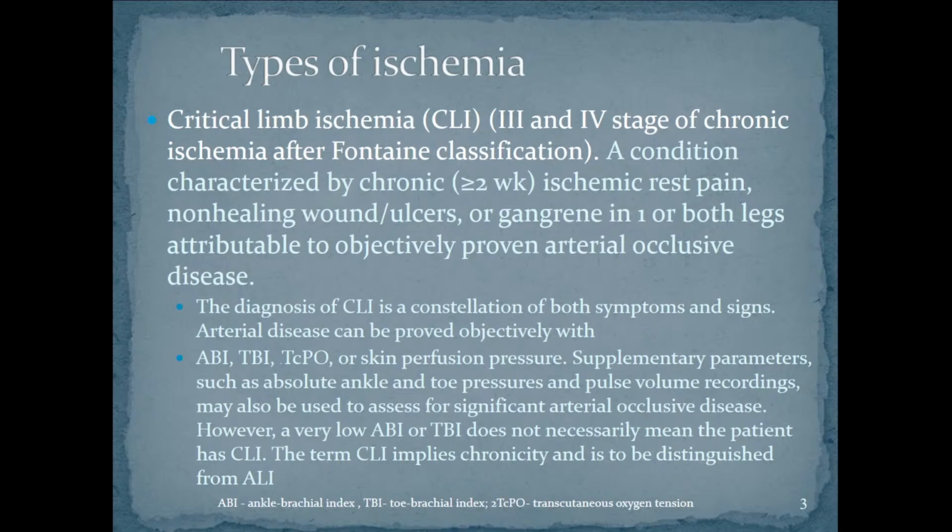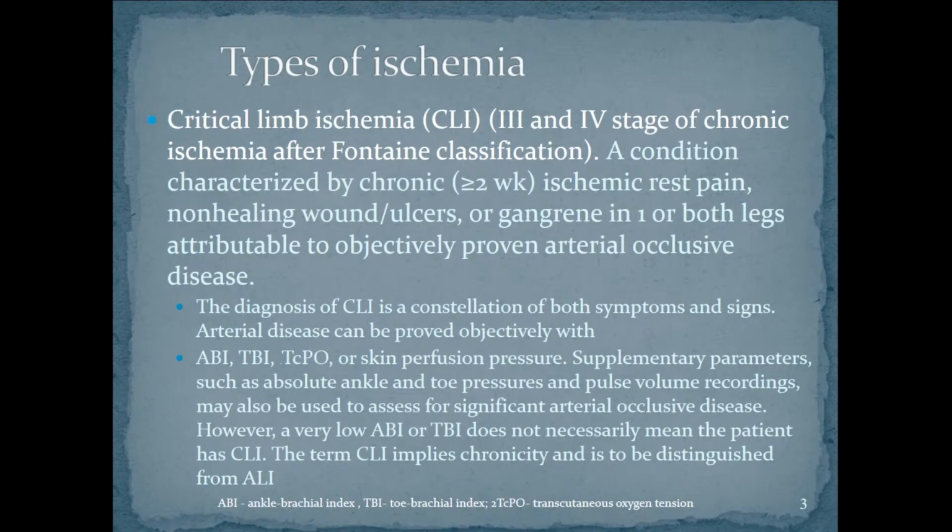Supplementary parameters such as absolute ankle and toe pressure and pulse volume recordings may also be used to assess for significant arterial occlusive disease. However, a very low ankle brachial index or toe brachial index does not necessarily mean the patient has critical limb ischemia.